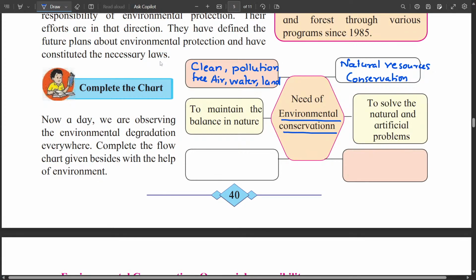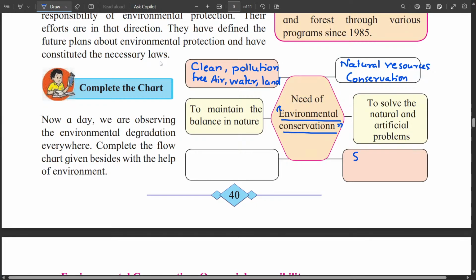That means global warming is caused by air pollution, and due to global warming, floods and cyclones occur. So by conserving the environment, we can avoid global warming, which ultimately will improve the water cycle, rain patterns, etc.